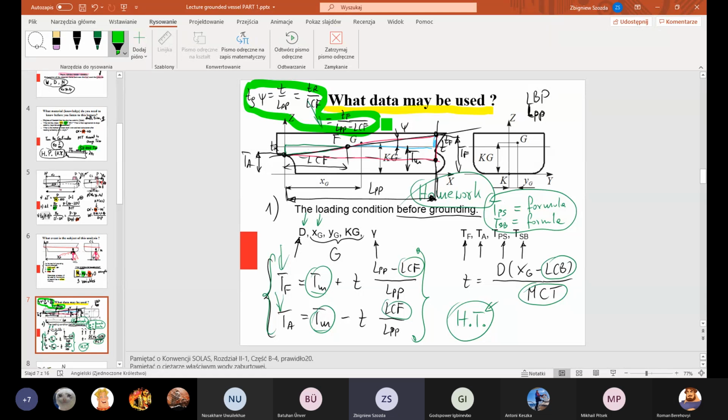LPP is length between perpendiculars. If you work on board a ship which is 100 meters in length, LPP is 100 meters. Do you understand this variable? It relates to the length overall of the ship.